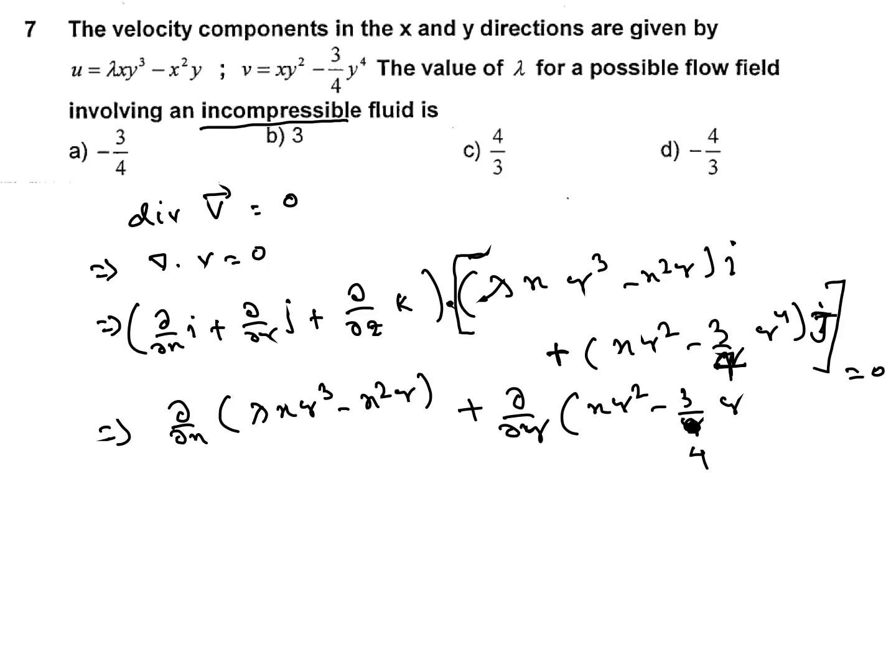So we'll get lambda y cubed minus 2xy plus 2xy minus 3y to the power 4 differentiated, equal to 0.